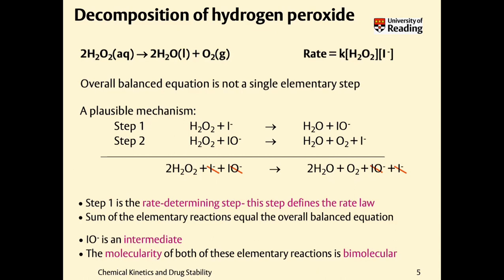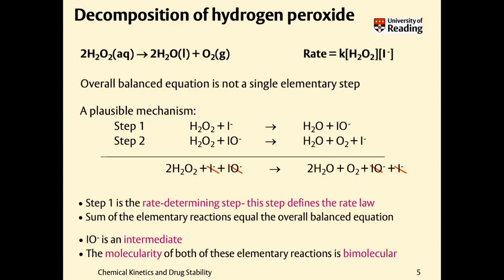Okay, so this tells us that step one of this reaction is the rate determining step, and that's the step that defines the rate law. And of course, the sum of the elementary reactions equals the overall balanced equation. You'll notice that we have here an IO minus molecule, and that is our intermediate.